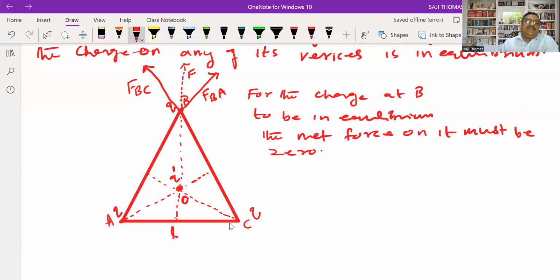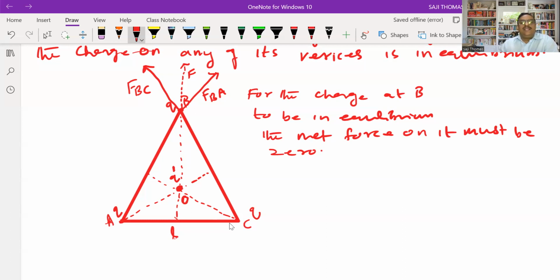Now listen, I can find this. FBC is the force between B and C, and FBA is the force between A and B. These forces are equal because the charges are of the same magnitude and the distance between them is also the same.